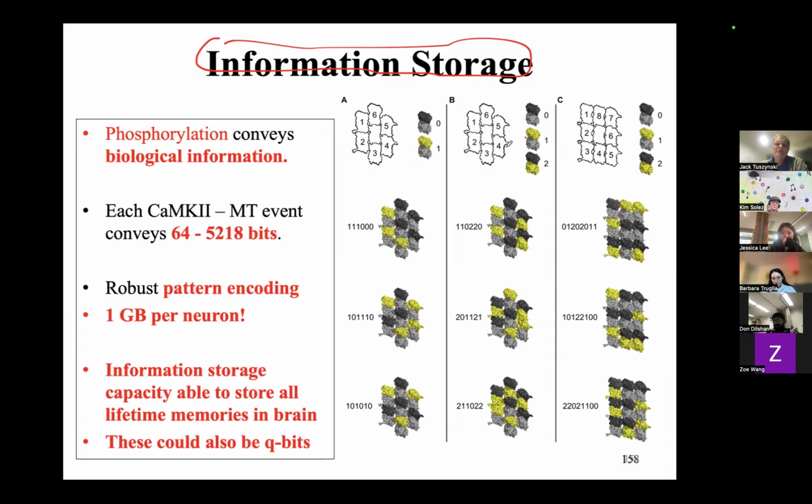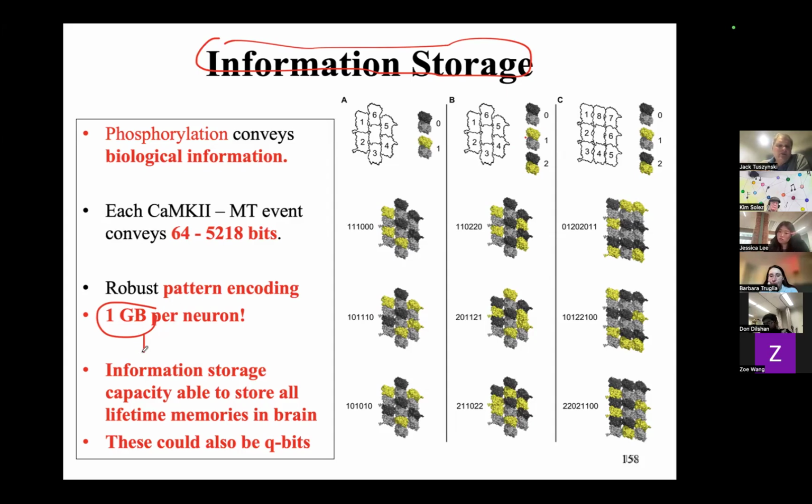So three states, so we call it not bits but trits, and then we calculate how many such states can be encoded in the microtubule. And it turns out it's about 1 gigabyte per neuron, as we calculated before from other means. So it's very compatible.